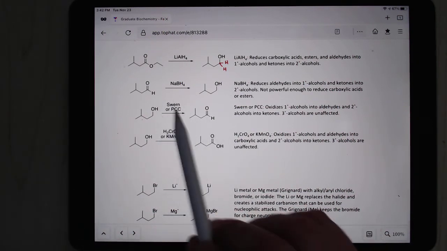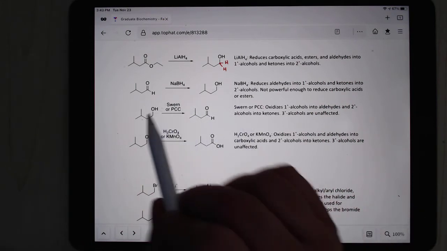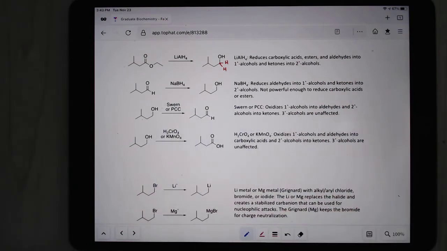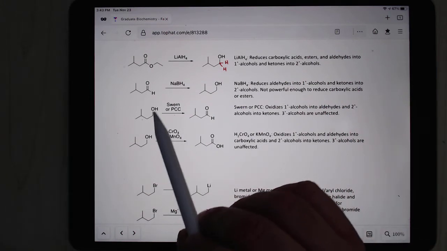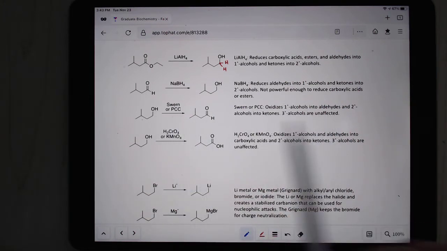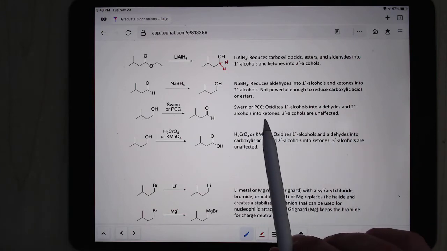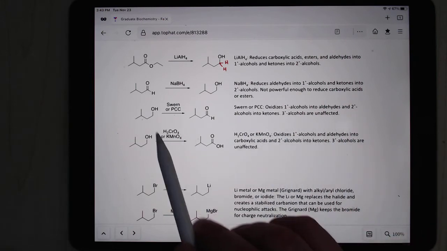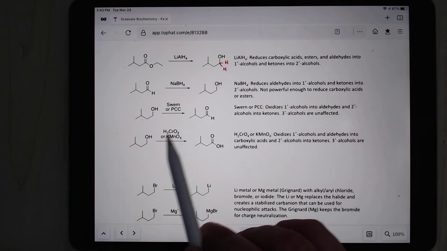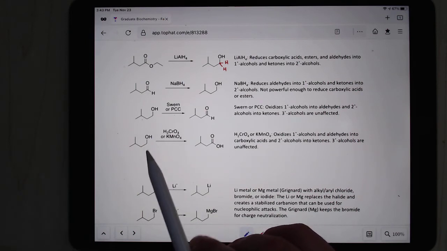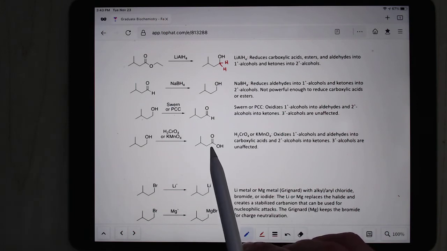So Swern or PCC, this goes one step. So you convert one CH bond into a new CO bond. Okay, so if it's a primary, you're going to get an aldehyde. If it's a secondary, it's going to turn into a ketone. But with chromic acid and sodium permanganate, you're going to convert all of the CH bonds that are on this carbon up to new CO bonds.